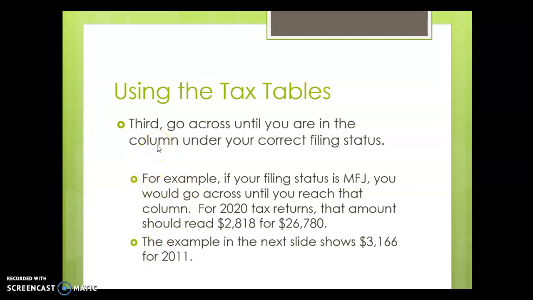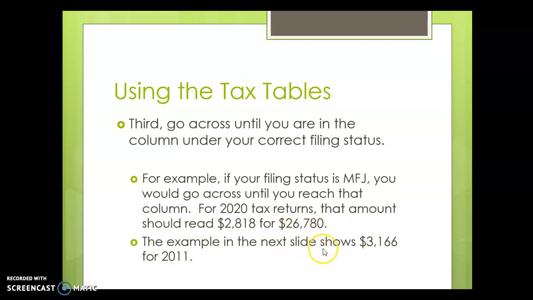Once you're in the correct row, follow along with your finger until you get to the correct filing status. If your filing status is married filing joint, you would go across until you reach that column. For 2020, that amount should read 2818 for the 26,780 taxable income.